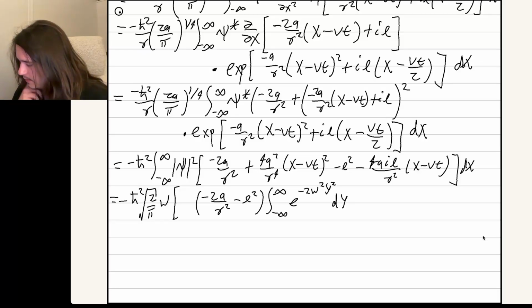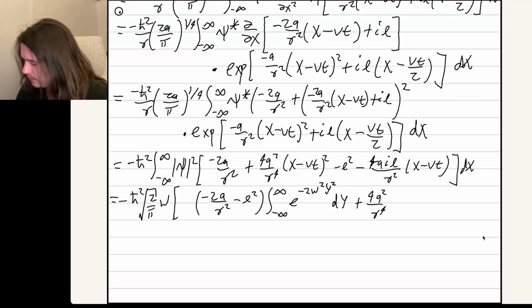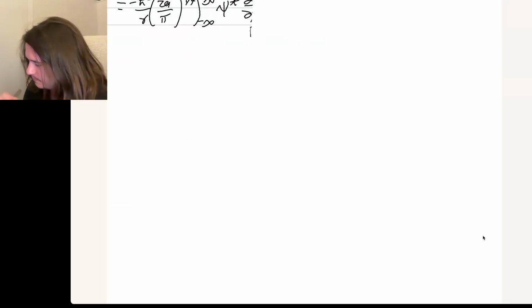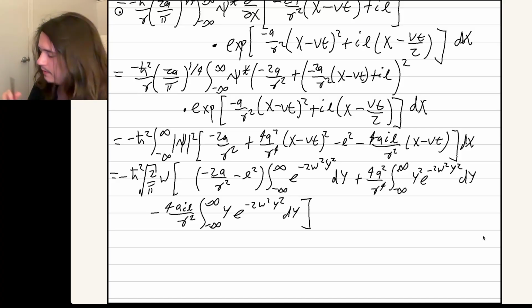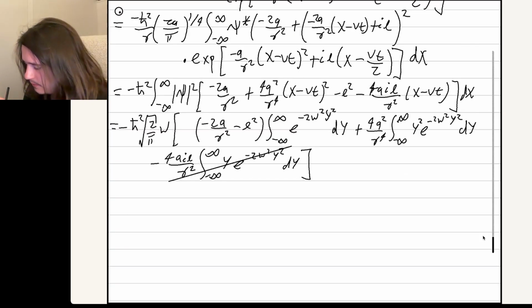We're going to have plus 4a squared over gamma fourth integral from minus infinity to infinity, y squared times e to the minus 2w squared y squared dy, minus 4a iL over gamma squared integral from minus infinity to infinity y e to the minus 2w squared y squared dy. And we already know this goes to 0. Such a good integral. It always just goes to 0.